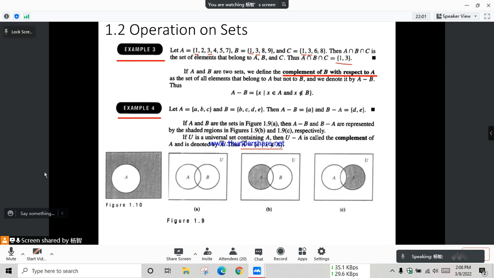Okay, we just learned another important notion about two sets. Look at paragraph 2.